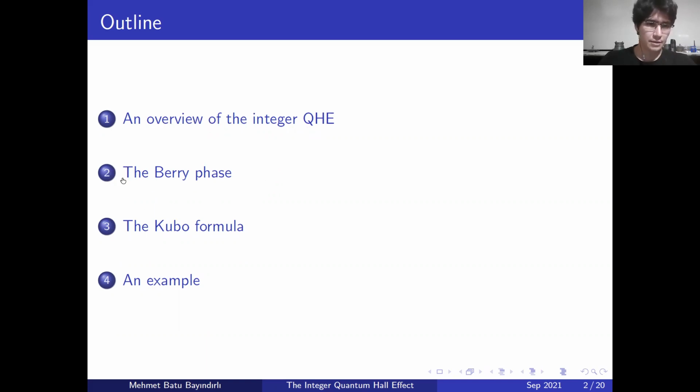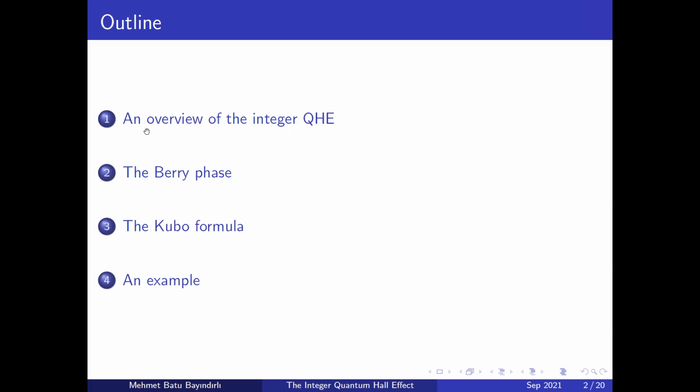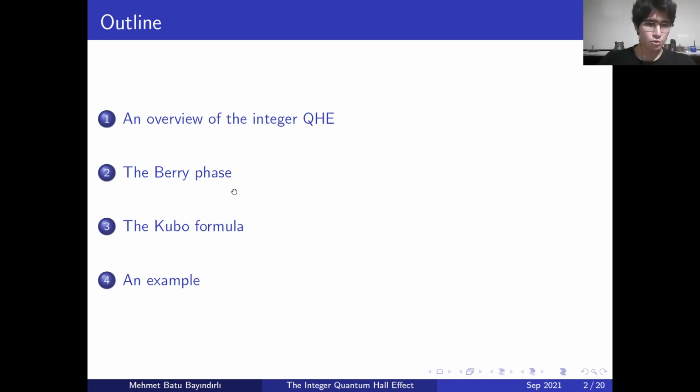And this Berry phase is directly related to topology, we'll see. Then we'll define a formula named the Kubo formula to describe a type of conductivity I'll be introducing in the next slide. And we'll see how these concepts can be grouped together in an example, and we see the relationship to the topology.